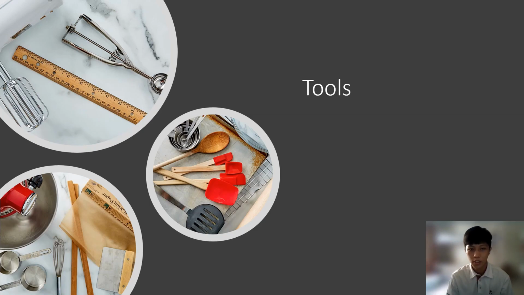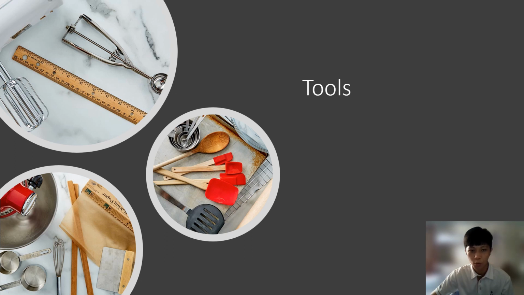Next, we'll be discussing in the method the tools that we require. The figures on the slide show examples of the tools that we'll be using, for example, mixing bowls, spoons, spatulas, mixers, and so on.